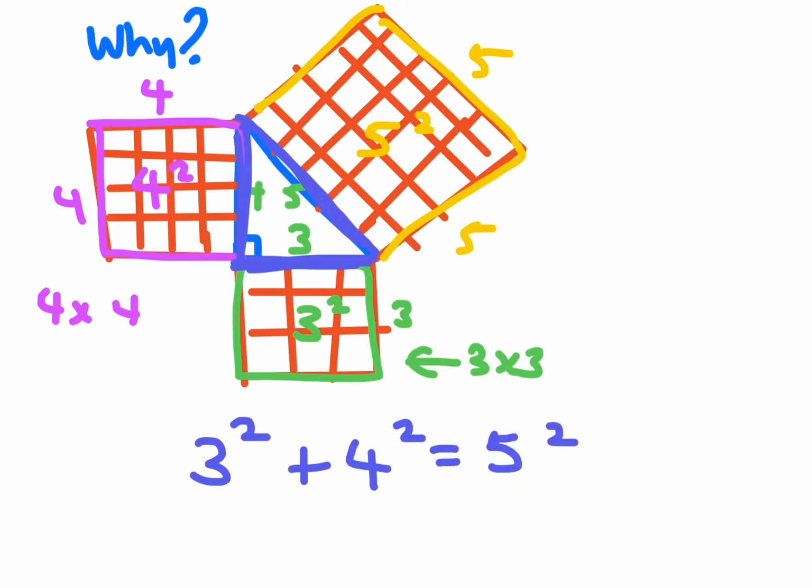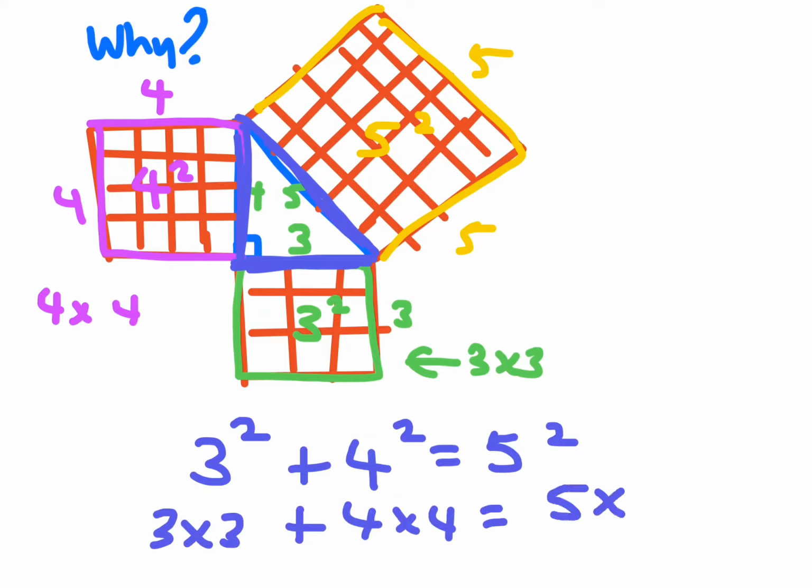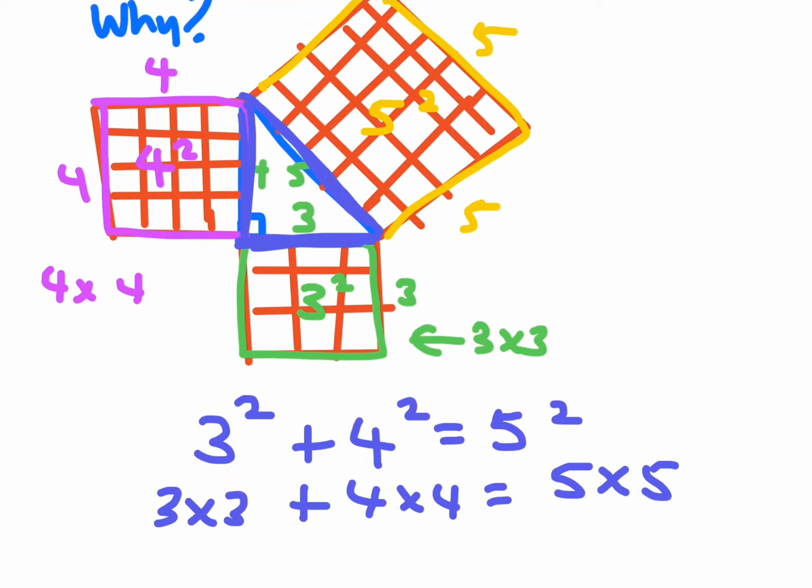Because if you think about that, 3 times 3 is 9, and 4 times 4 is 16, and 5 times 5 is 25. When you add 9 and 16 together, you end up with 25.